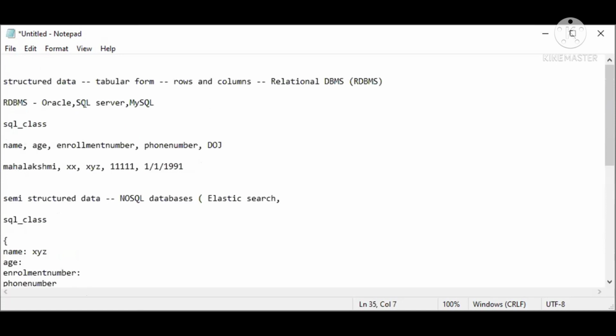In structured data in an RDBMS, each entry that you see is called a record.